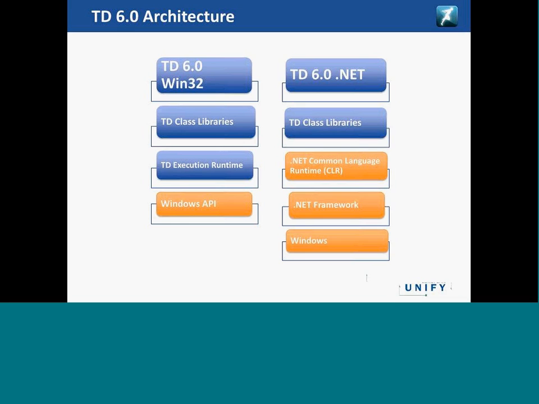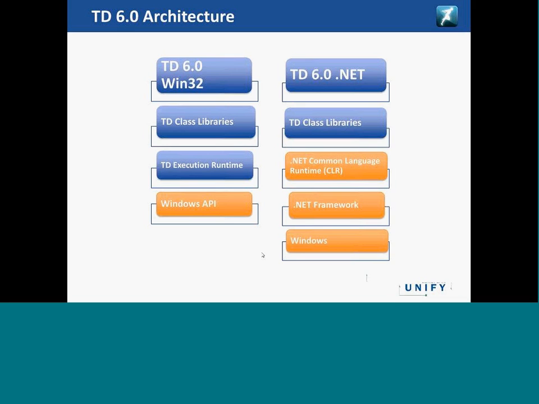And we have a Team Developer execution runtime, which is known as our deployment. On the deployment, we sometimes call the Windows API. We do some calls to the operating system to display something, to get some information out of the operating system, and so on.